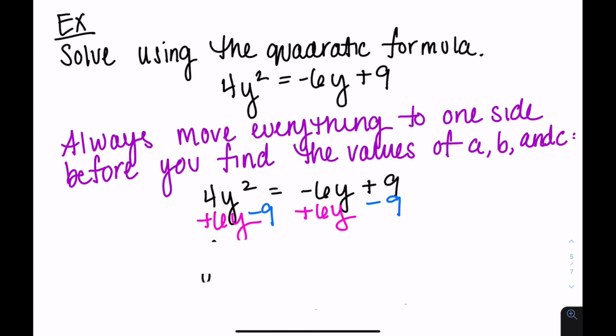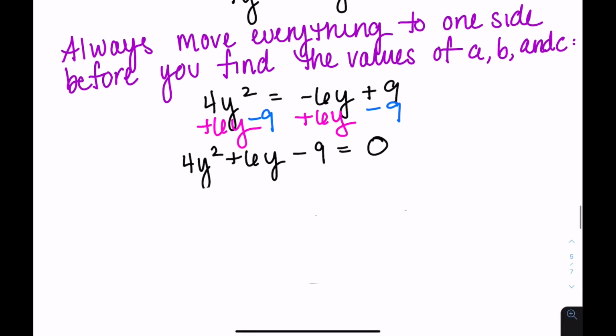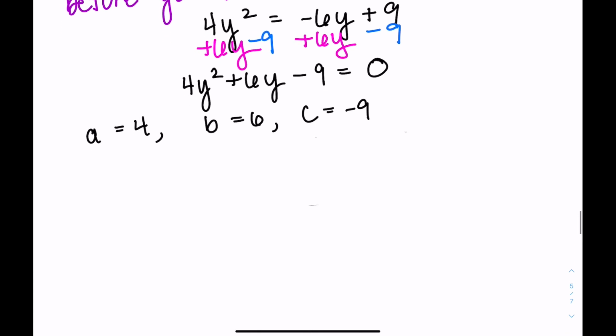So we'll go ahead and move everything to the left to keep the y squared term positive. So we get 4y squared plus 6y minus 9 equals 0. And now I can immediately pick off that a is equal to 4, b is 6, and c is negative 9.